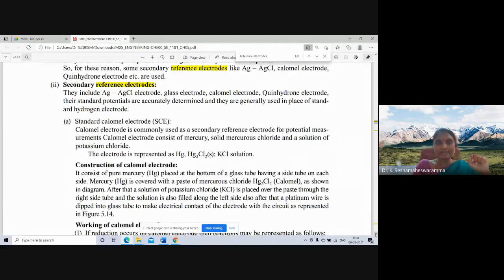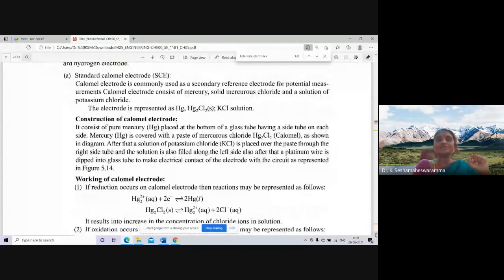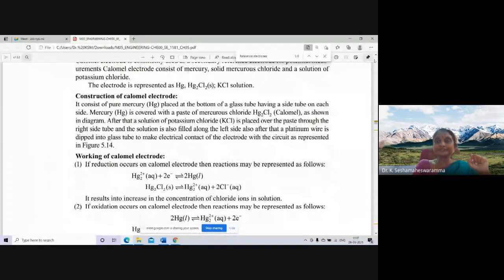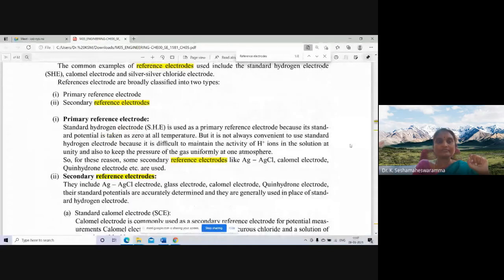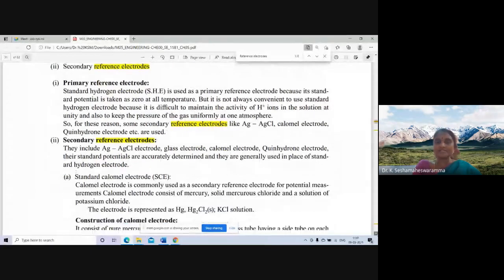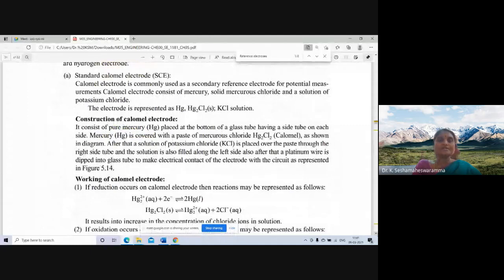The calomel electrode is commonly used as a secondary reference electrode. In most situations, we use the calomel electrode as a secondary reference electrode for potential measurements.